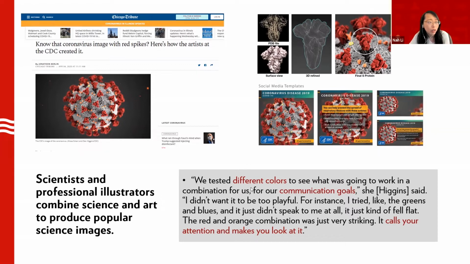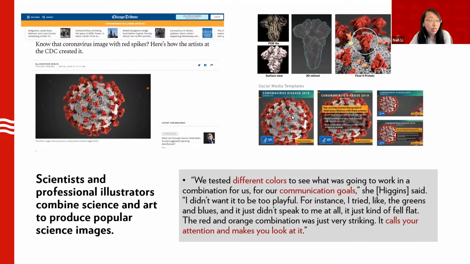And I think in this article, the illustrators also talk about how they want the image to visually represent CDC, which I think is very interesting, because they want the image to look serious, to look, in a way, that represents the authority of CDC in this pandemic.